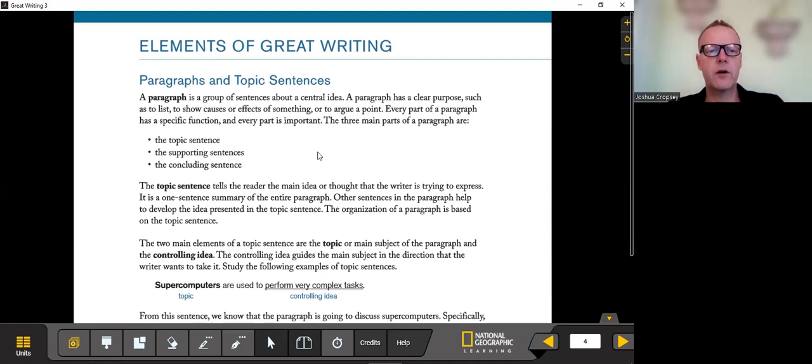Every part of a paragraph has a specific function, and every part is important. The three main parts of a paragraph are 1, the topic sentence, 2, the supporting sentences, 3, the concluding sentences.